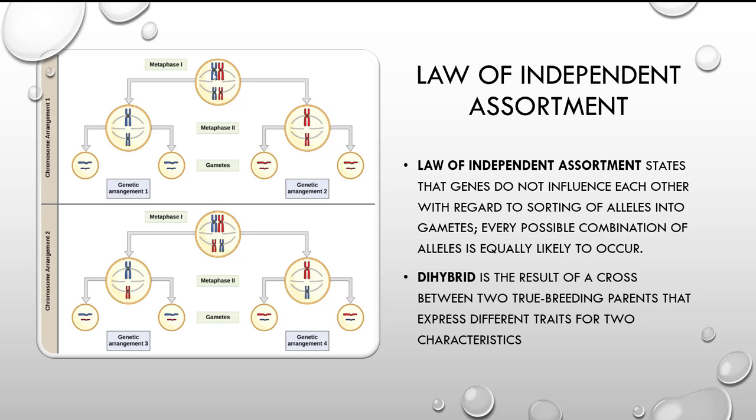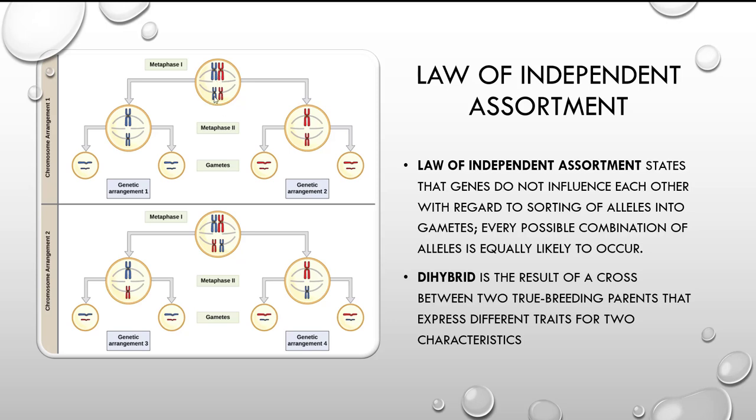So we could have the blue line up all on one side and the red all line up on the other side. Or another possibility, we could have the blue here and the red here and the red here and the blue here.